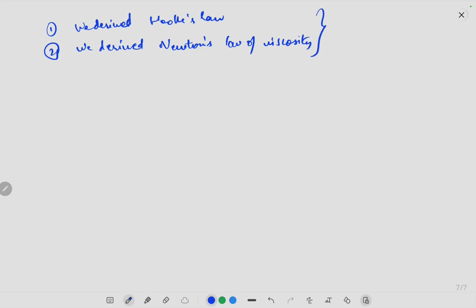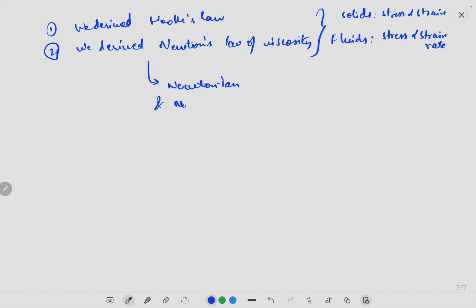From these two analyses, we saw that for solids, stress is proportional to strain. However, for fluids, stress is proportional to strain rate. Then in this section, we discussed Newtonian and non-Newtonian fluids.